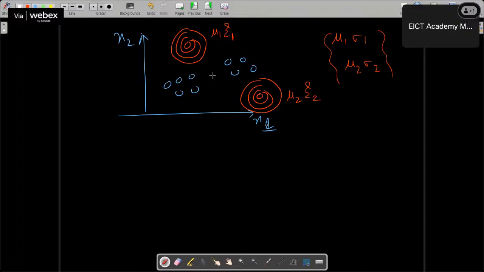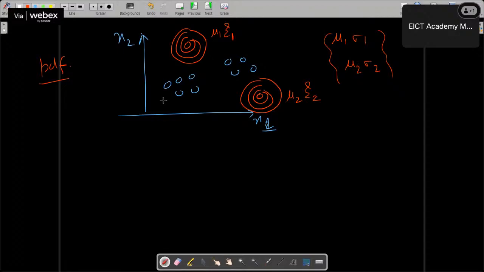So now here we will ask each and every data point in terms of the likelihood, in terms of the probability, that is the PDF. Okay. So this likelihood is to come from this mu1 sigma 1 or from mu2 sigma 2, in terms of the probability density function.